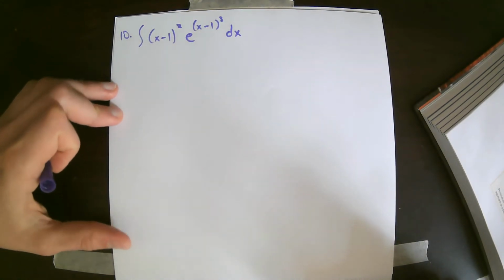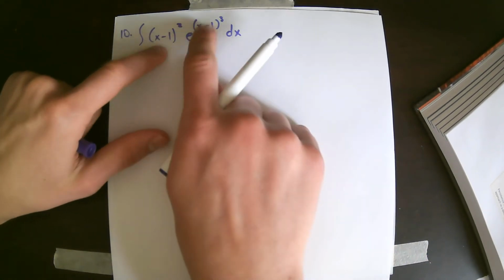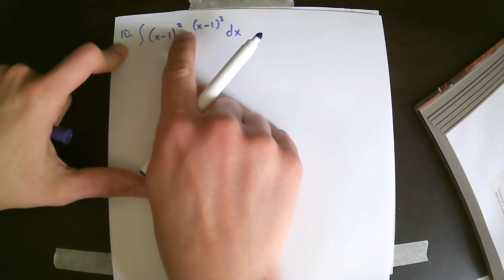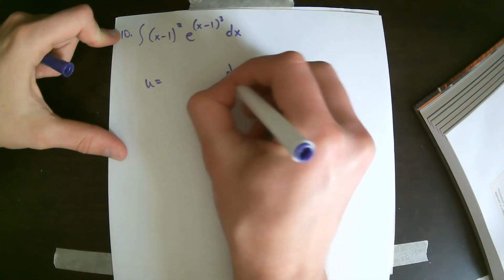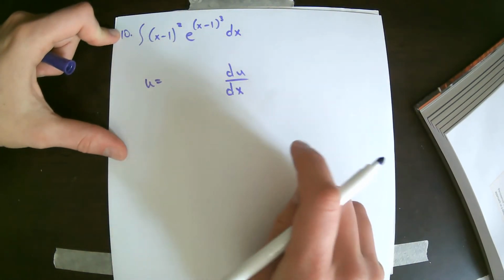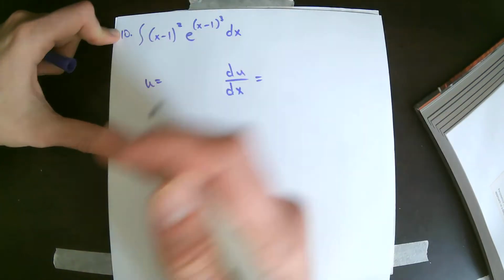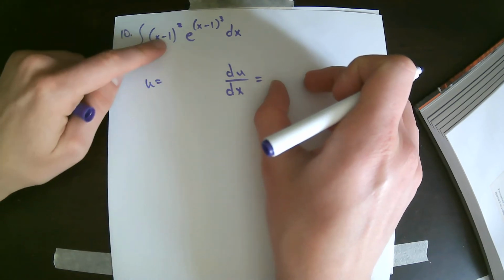So no need to introduce a new rule, in my opinion, because it doesn't make things that much easier anyways. Okay, so what is the inner function here? Well, we have options. Could be x minus 1 cubed or x minus 1 squared. But think about when you take the derivative, because eventually we're going to take the derivative of u with respect to x, that derivative is going to drop the power by 1, and whatever's over here, I'm going to want to cancel one of these things, right?